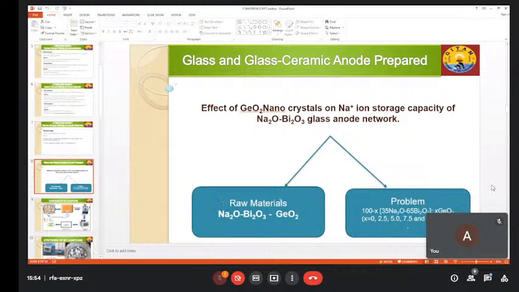This is the raw material composition: (100-x)[35Na2O-65Bi2O3] plus x GeO2, where x values are investigated for 5 samples from 0 to 10 mole percent.